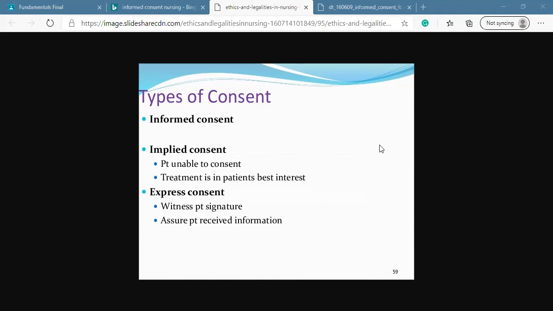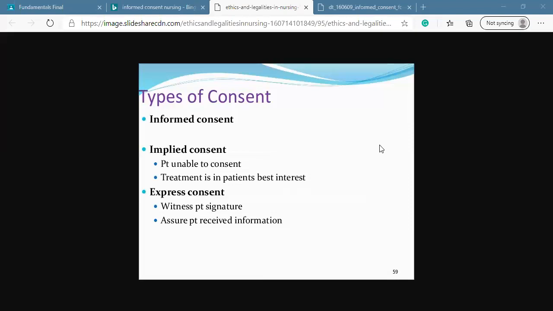The provider's responsibilities include communicating the purpose of the procedure and giving a complete description of the procedure to the patient, always in the patient's primary language.